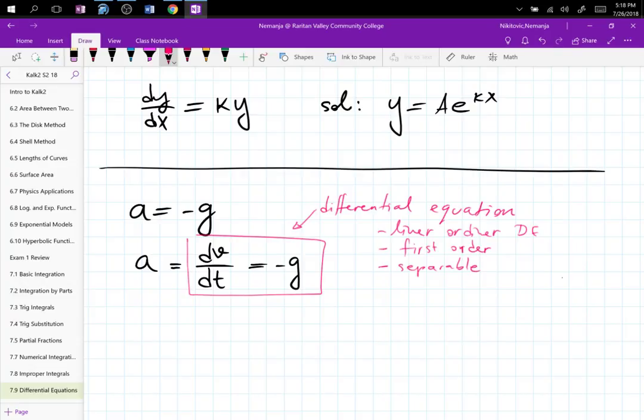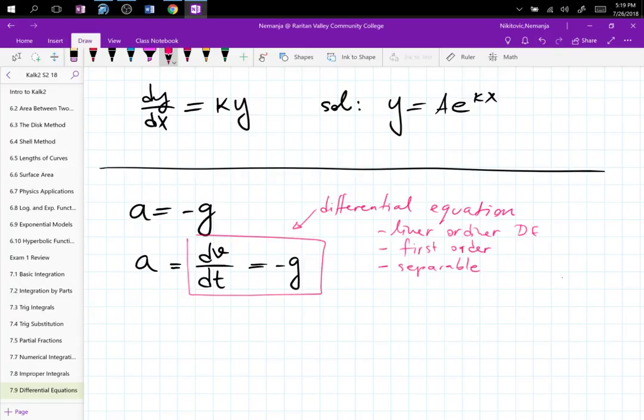Linear differential equations are allowed to have coefficients that are nonlinear functions. That's fine. But you are not allowed to multiply y with the derivative. You are not allowed to square y. You are not allowed to square the derivative. You are not allowed to take a square root of the derivative. All of that stuff makes a differential equation nonlinear.